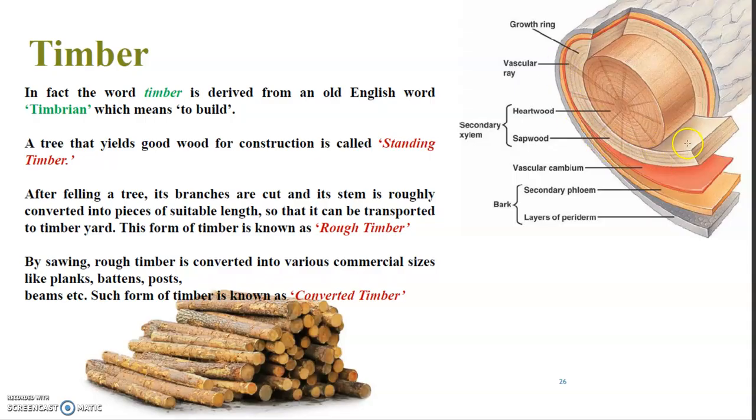This sapwood is the layer of the timber through which the moisture content is sucked up and distributed throughout the tree. So we are going to treat this sapwood so that the moisture content of the entire mass of the timber can be reduced to a certain extent.